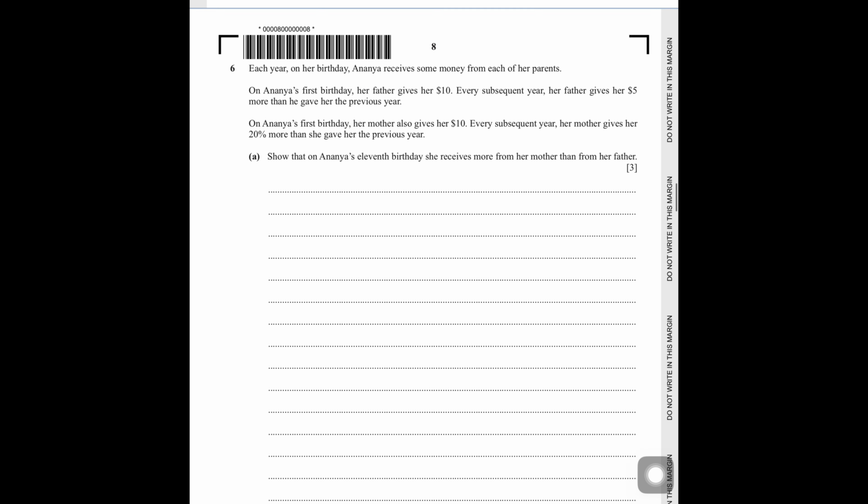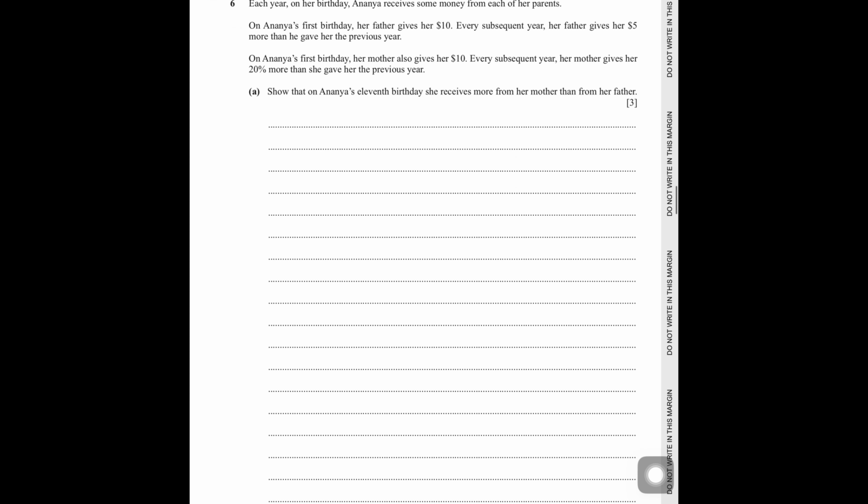Let's try number 6 now. Each year on her birthday, Ananya receives some money from each of her parents. On Ananya's first birthday, her father gives her $10. Every subsequent year, her father gives $5 more than he gave her the previous year, which is basically an AP, arithmetic progression.